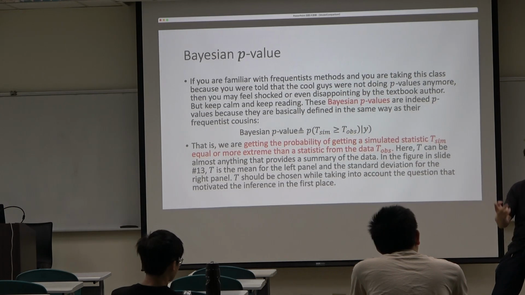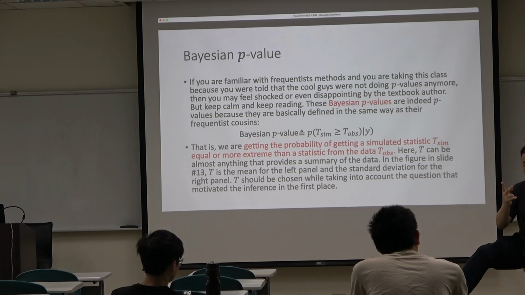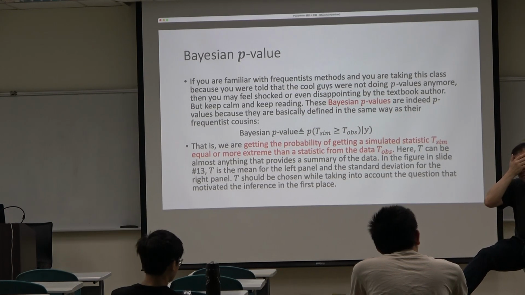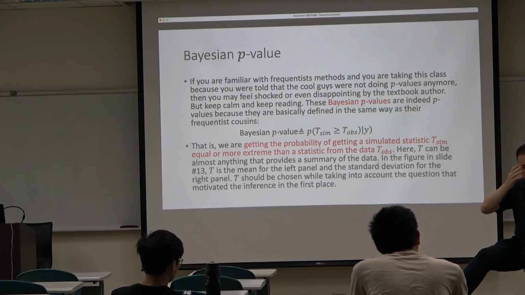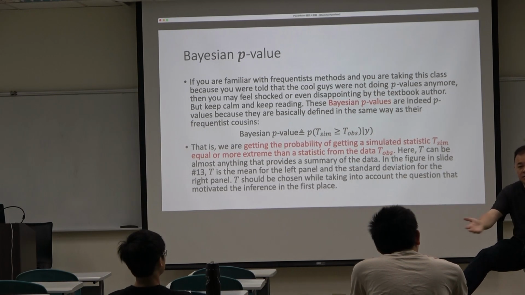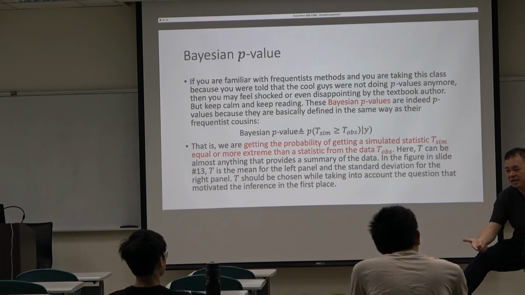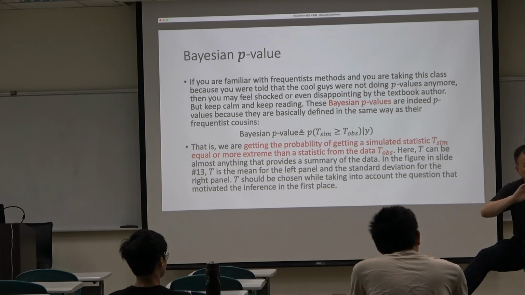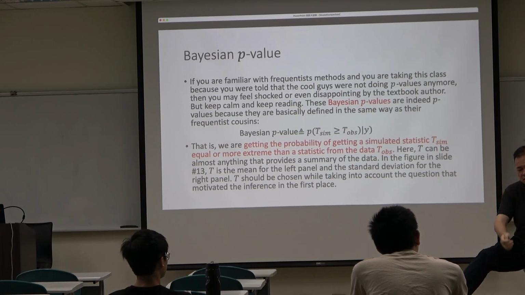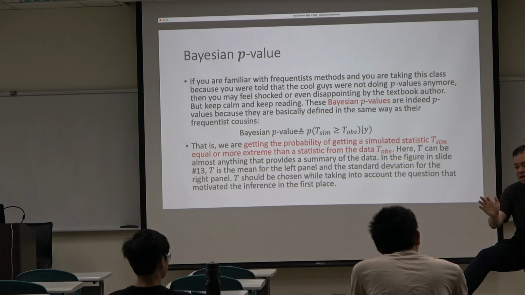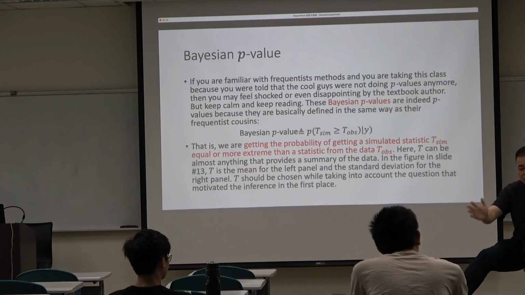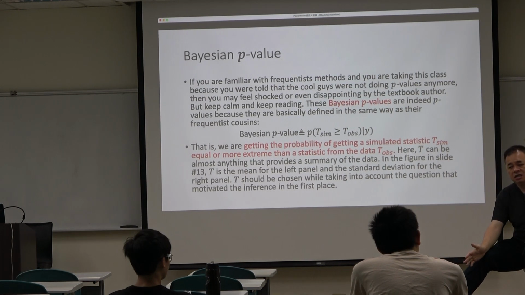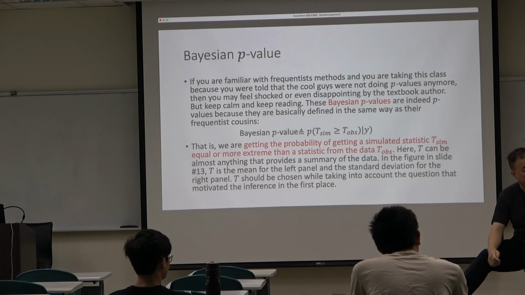Let me give you two scenarios. In the first scenario, I don't care about the result. I just throw the coin 10 times and collect the data. So the stopping criterion for my data collection is to throw the coin 10 times.